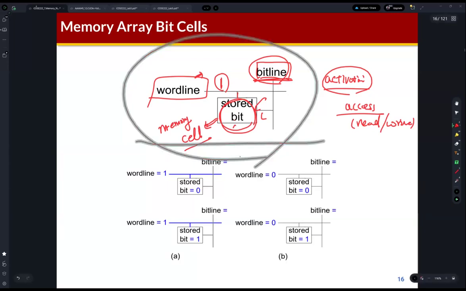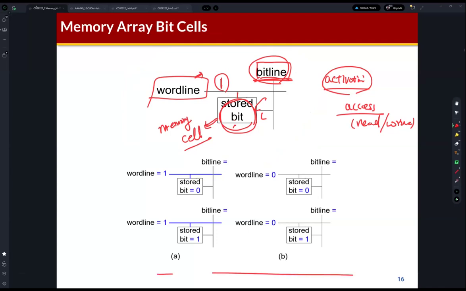So this is the conceptual view. If the word line is 1 and the stored bit is 0, then what is this pin 9? The pin 9 is 0 because this is activated, so we can read this value. And if the word line is 1 and the stored bit is 1, the pin 9 is 1.